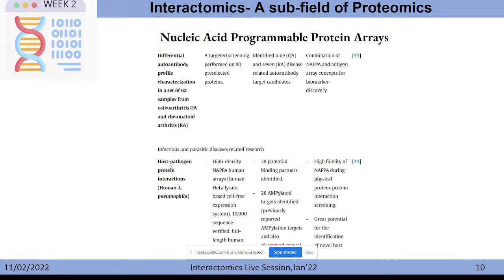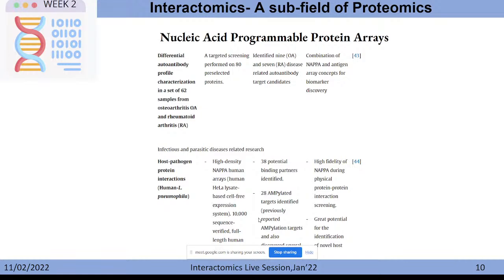Then, as I told you, it is an excellent tool for identification in infectious and parasitic disease research, such as host-pathogen protein interactions. That is, how the host protein interacts with the pathogen protein. You need to have your pathogen proteome printed on your high-density NAPPA arrays. Then you add a HeLa lysate-based cell-free expression system, which contains all the transcription and translation factors and everything.